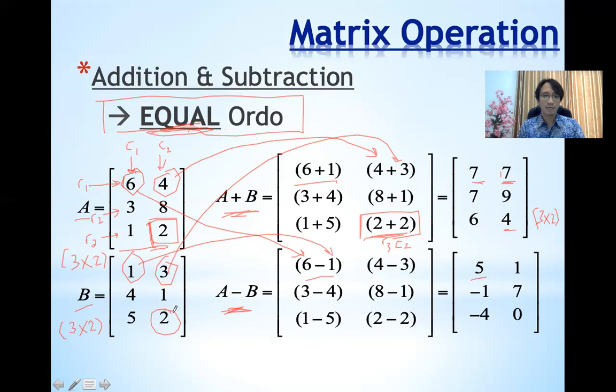For the last one, 2 minus 2, for row number 3 with column number 2.